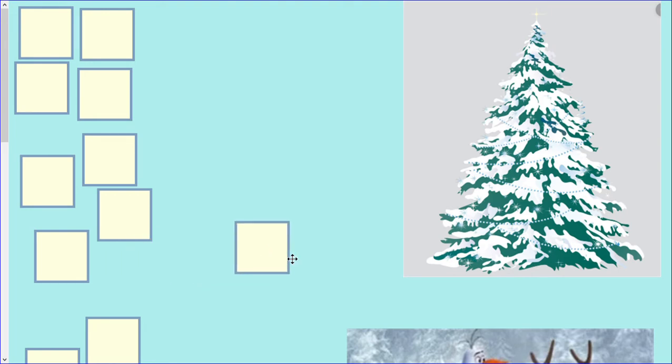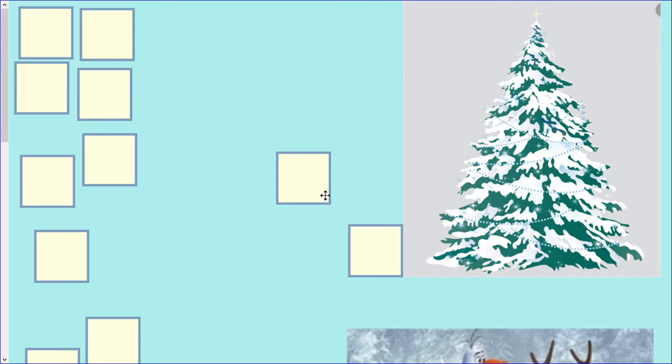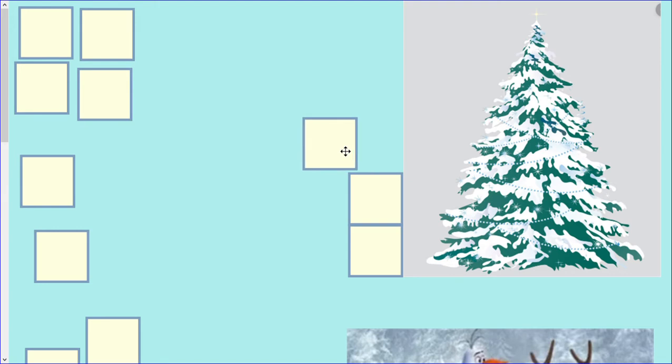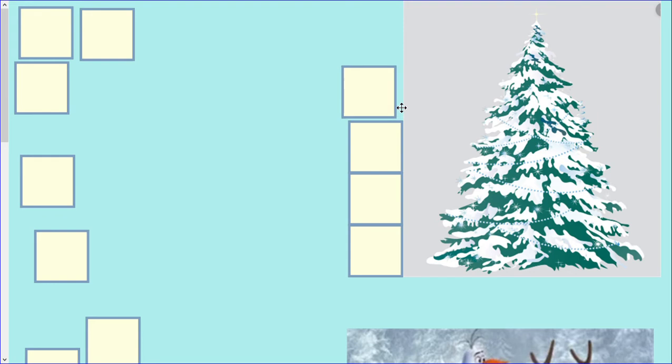So we need to use our bricks. So here we go, we've got our Christmas tree, and we're going to remember about how important it is to measure from the same point from the bottom when we're measuring, and see how many squares high this Christmas tree is. So 1, make sure you count with me, 2, 3, 4, 5, about 5 bricks tall, that one.